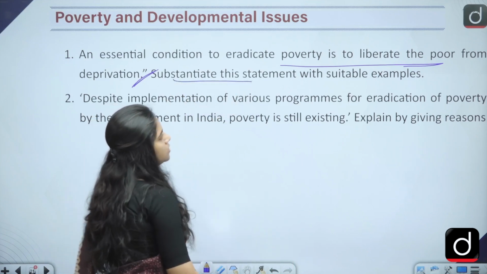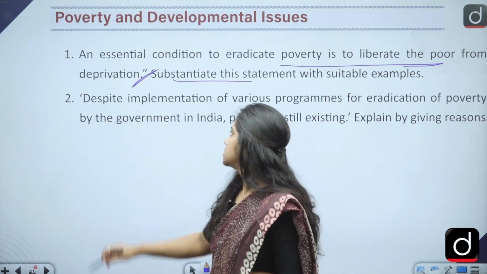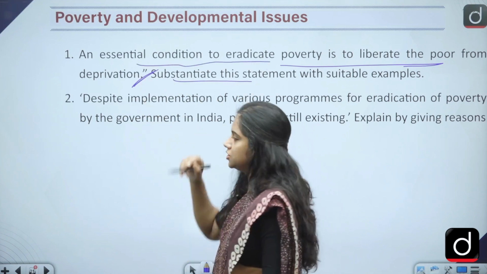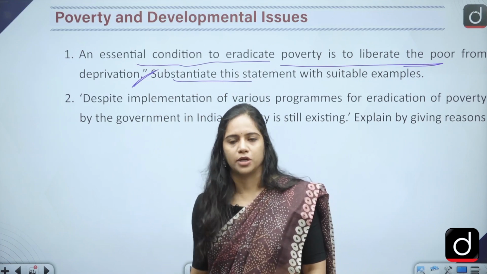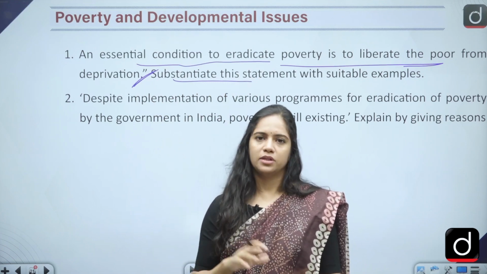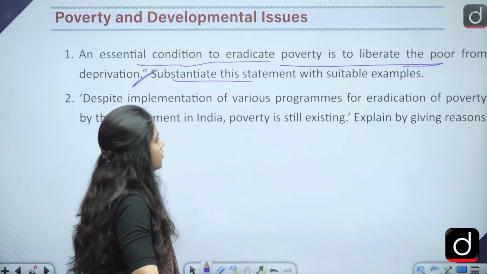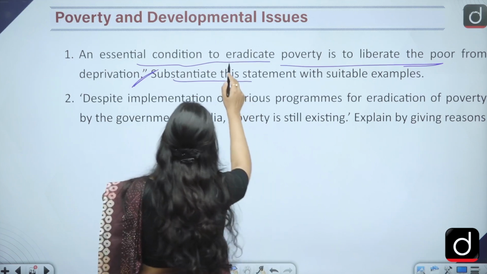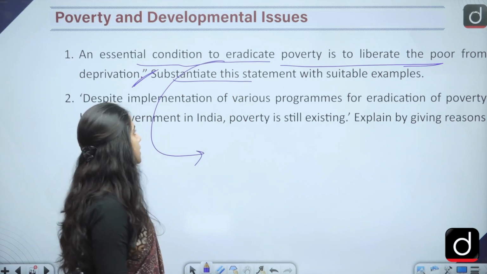Substantiate this statement with suitable examples. So the question is direct. It is asking you to explain or substantiate this statement, that is, to prove this statement, not give any other viewpoint, with the help of examples. If you actually break this down, I'm just helping you with this particular question.